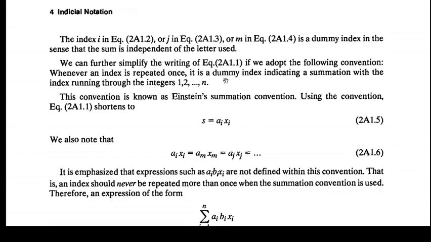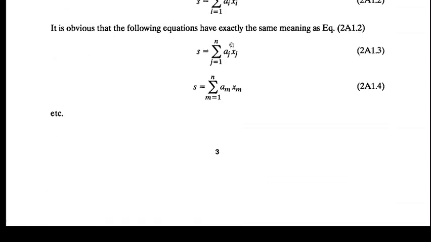So it is a dummy index indicating a summation, and the summation is running from 1 to n. That is, your index is varying from 1 to n.